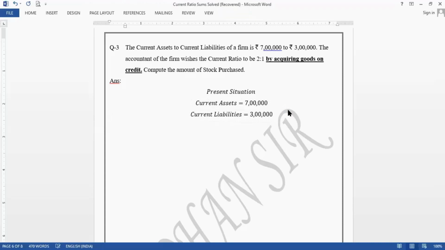Now, the transaction done over here is goods have been acquired on credit. So when goods are acquired on credit, our stock increases, which will increase our current assets. And because the goods have been acquired on credit, our current liability increases. So let us see this now. After purchase of goods, what will be the change in the current assets?